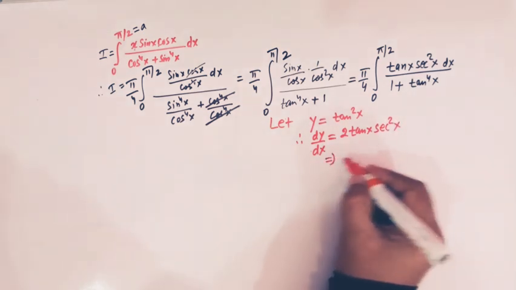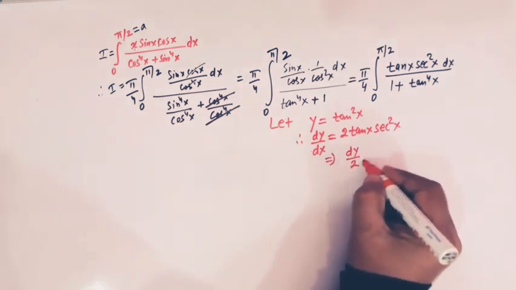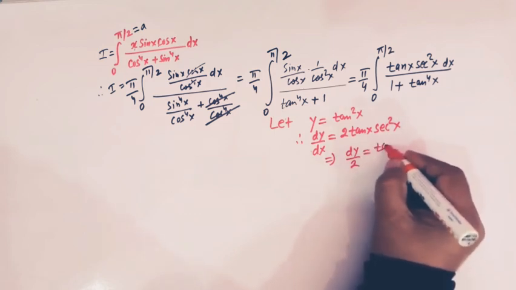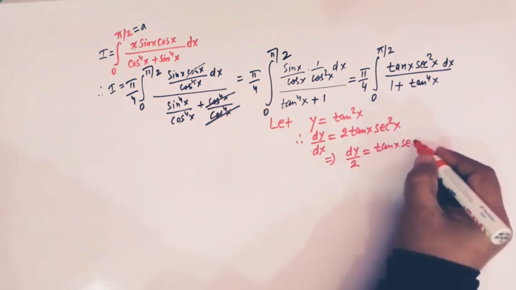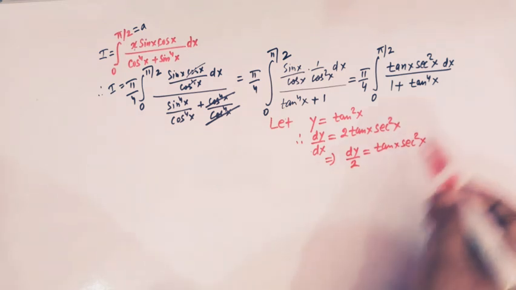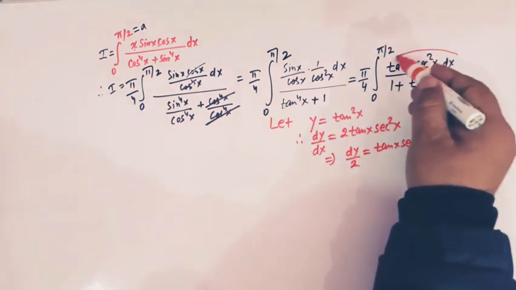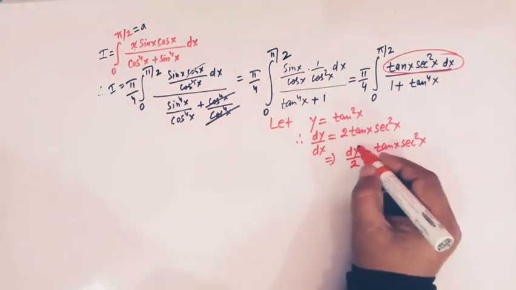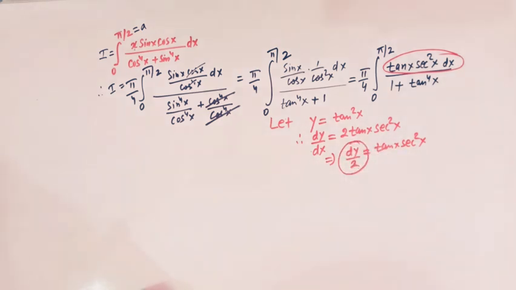So now this can be written as dy over 2 is equal to tan x sec square x dx, so for tan x sec square x dx we can substitute dy over 2, right?